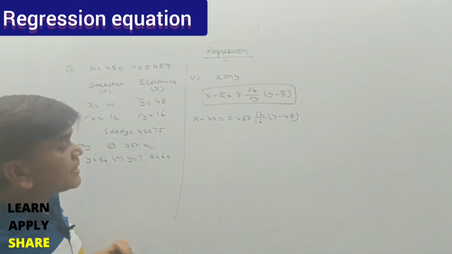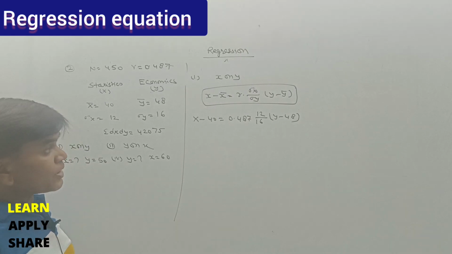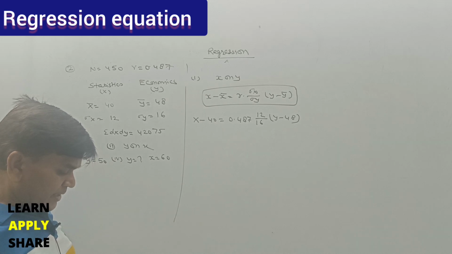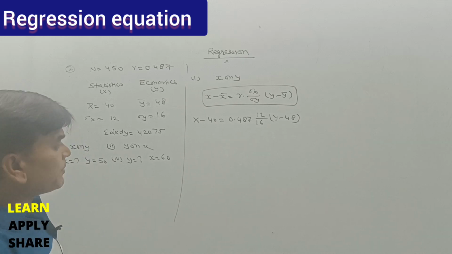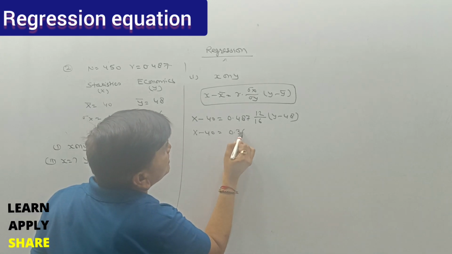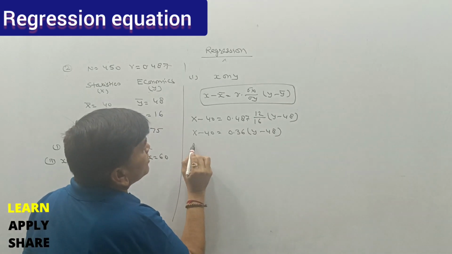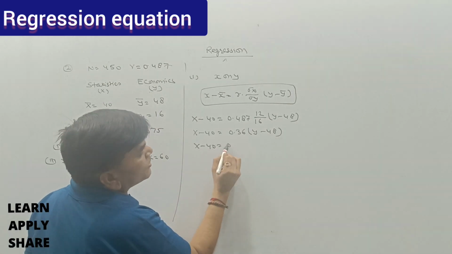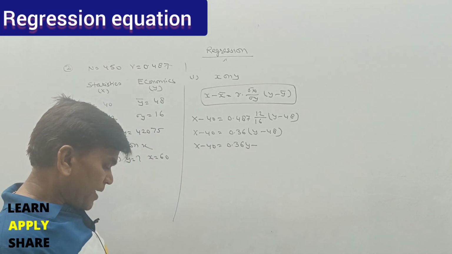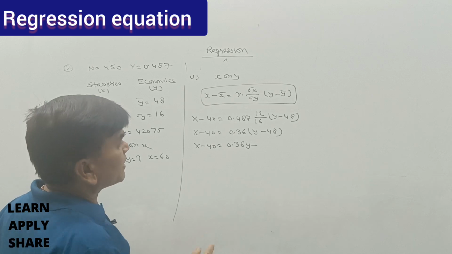So by calculating this, 0.487 multiplied by 12 divided by 16 gives 0.3652. So x minus 40 equals 0.36 times y minus 48. So x minus 40 equals 0.36 y minus 0.36 multiplied by 48, so the value will be 17.28.